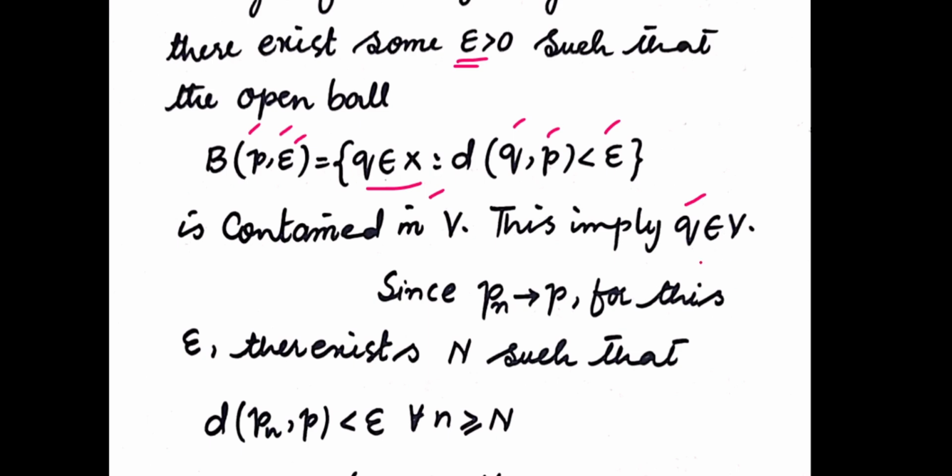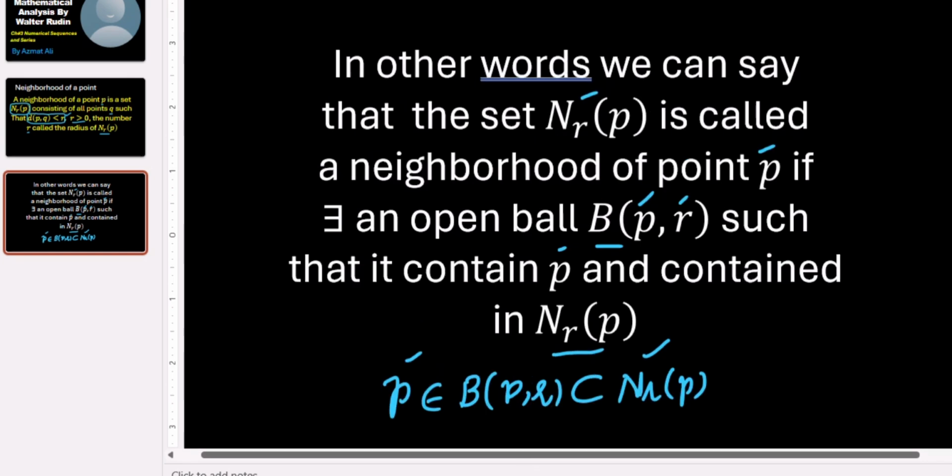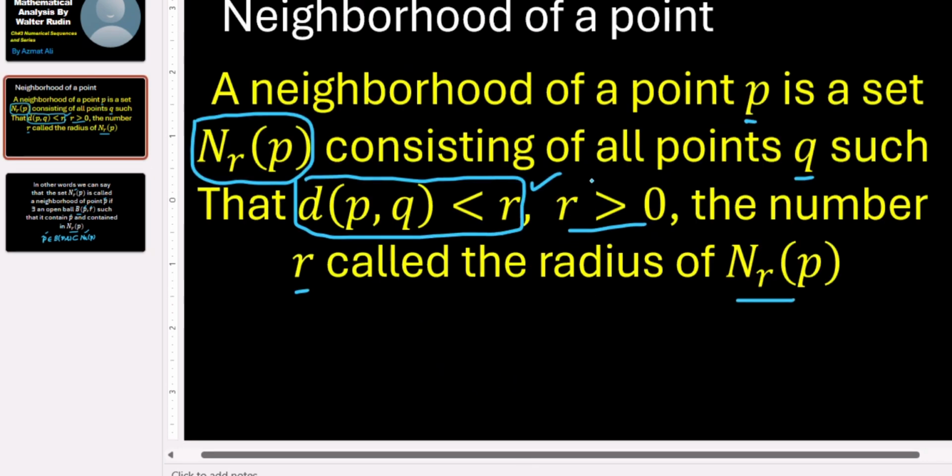How does Q belong to V? Because Q is actually an element of X, and it satisfies the definition of neighborhood. We have defined the neighborhood in such a way: a neighborhood of a point P is a set consisting of all points Q such that the distance of P from Q is always less than r.